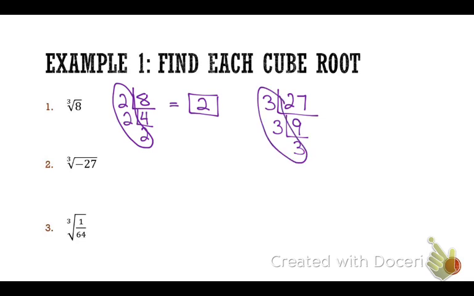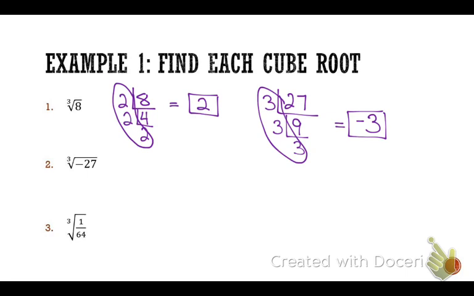Since I only have one group of 3s, 3 is the cubed root. But why did I make it negative? Because 27 was negative. So don't factor in the negative when you're doing the upside down division, but don't forget it in your answer. If it was negative in the original problem, it needs to be negative in your answer.